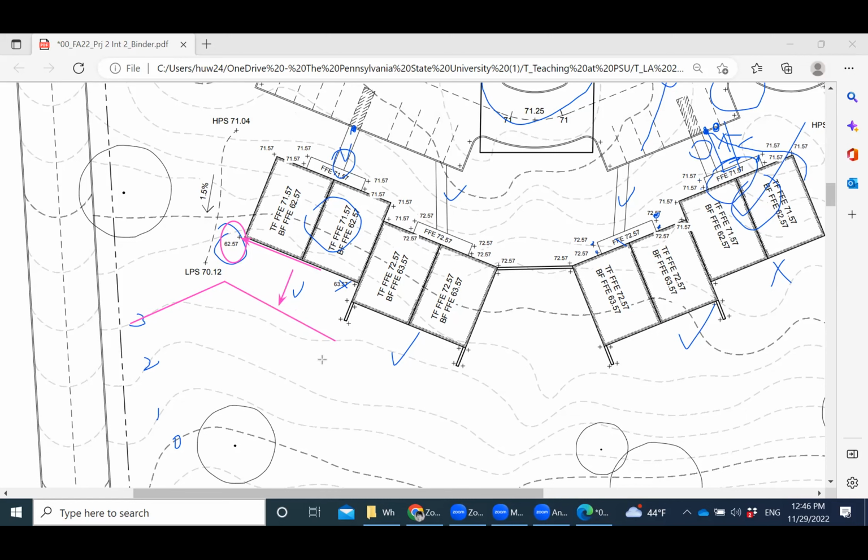So that's how your 63 would go. And then your 64 would essentially just come up and attach to this wall. But still, it needs to form a positive drainage. So water still needs to flow away from that wall in that manner.